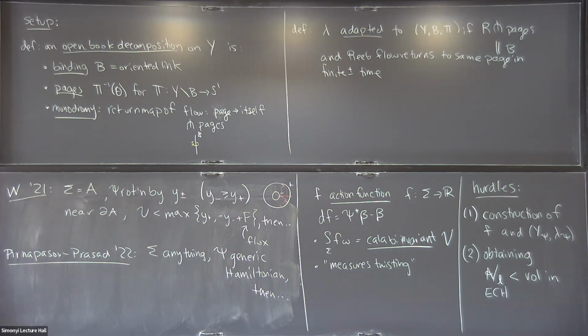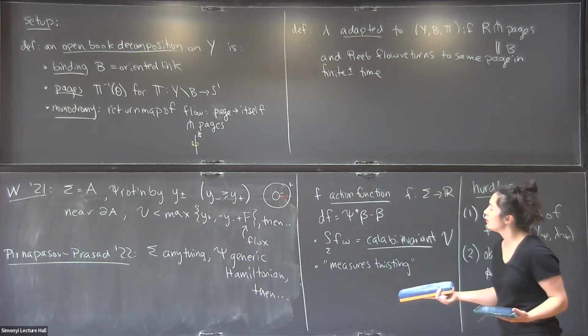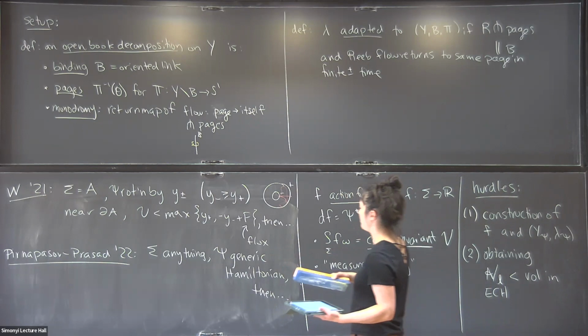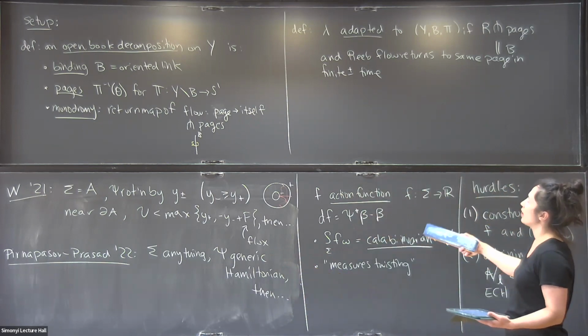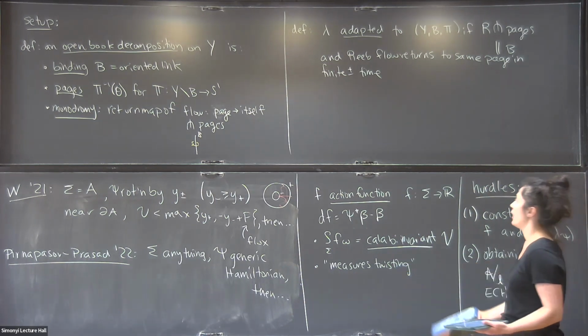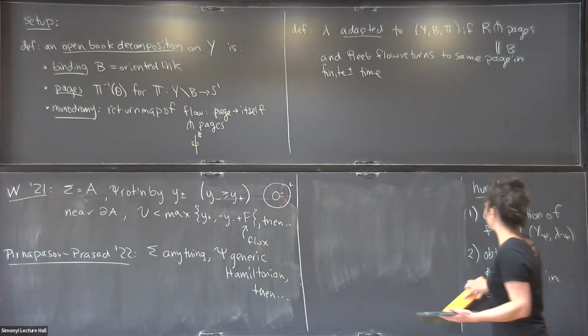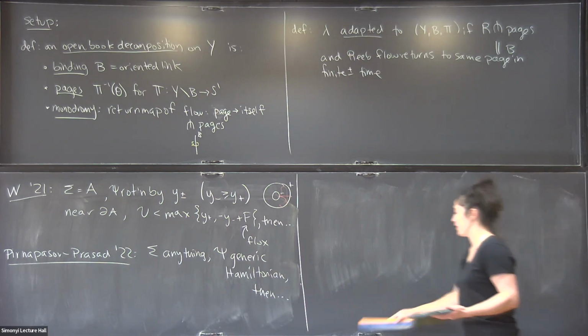And so the next step is trying to think about, within this set of maps, if I have a specific map psi, can I get the same conclusion? And also maybe I can think about things that are not isotopic to the identity.